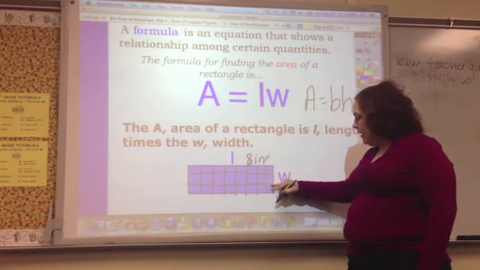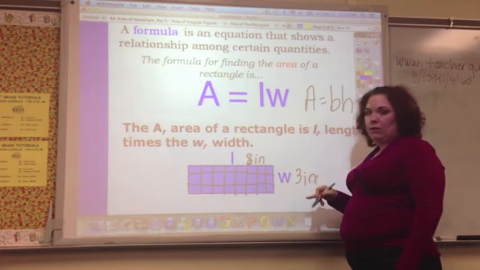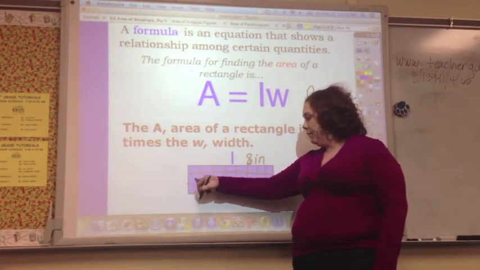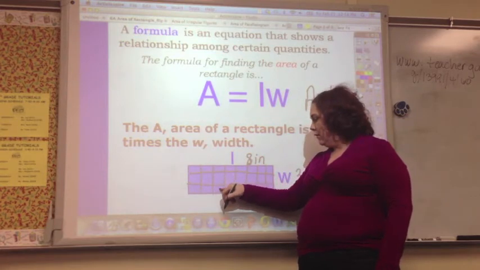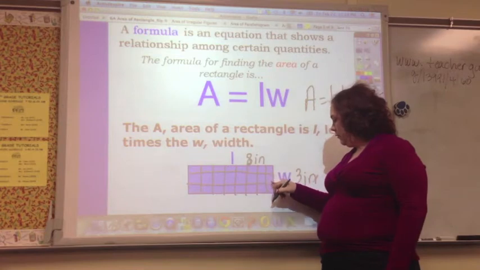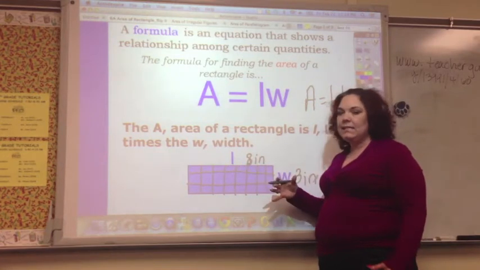And the width would be 1, 2, 3 inches. And so 8 times 3 is 24, so there should be 24 squares in here. And sure enough, if I count them, 23, 24. So there's 24 in there, and that's how you get the area.